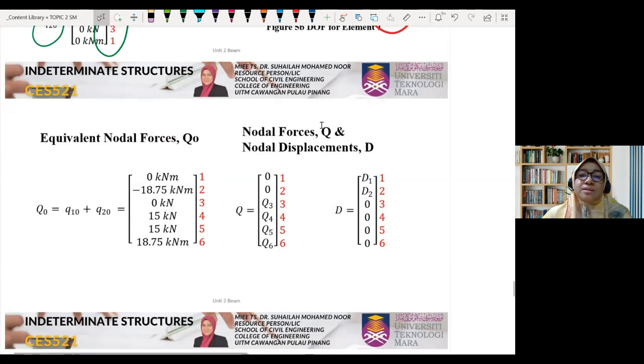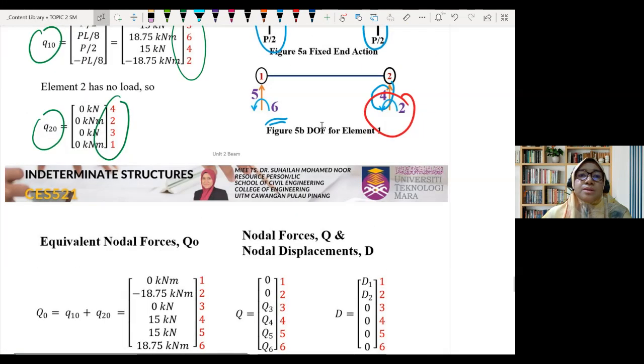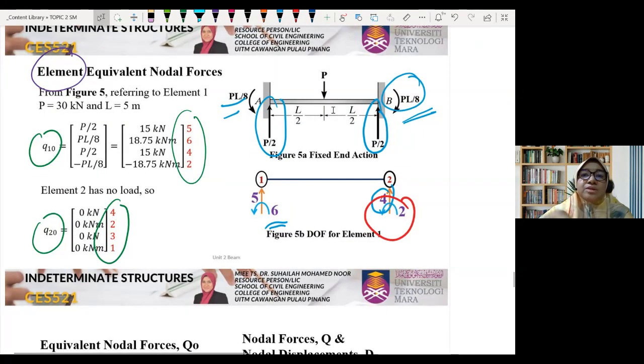So the value is negative, representing degree of freedom number 2. Degree of freedom number 2 is negative, and the rest are all positive. Same direction is positive, different or opposite direction is negative.